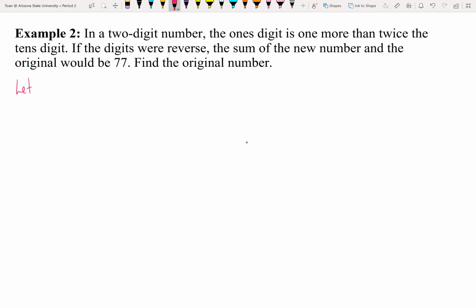I'm going to let x equal the original first digit, and y equal the original second digit.